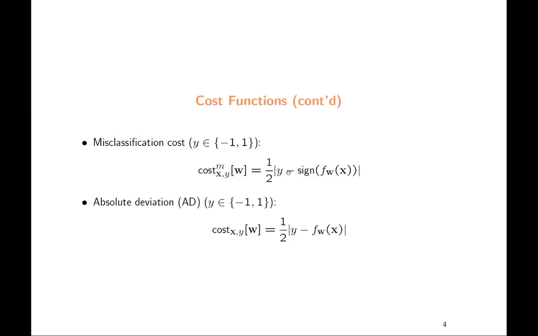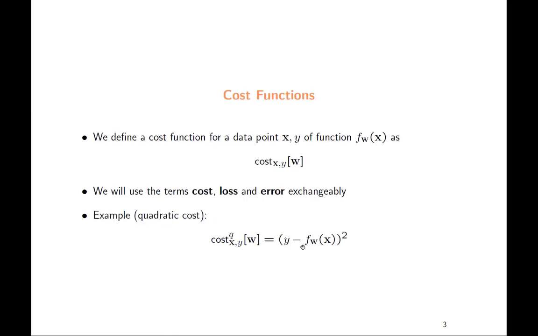There's the absolute deviation, which is the difference between y and the prediction. Y could also be 0 and 1, it doesn't make a difference. And we take the magnitude of this difference. So it's very similar to the squared error. Essentially, it's the square root of this term.